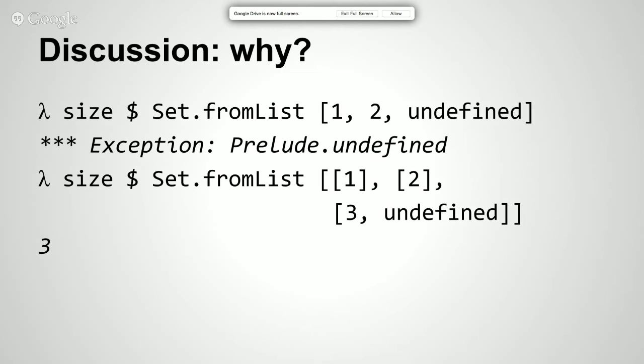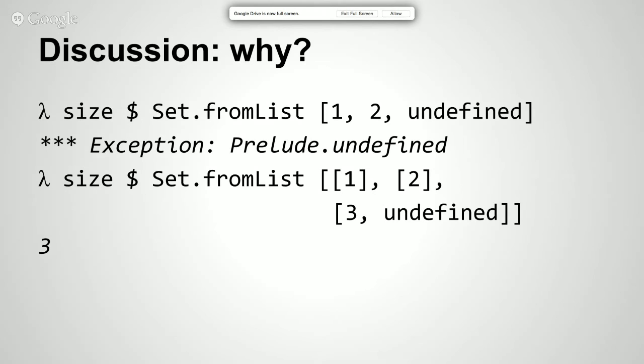In that case, all three of those are fine as lists, as long as you don't try to evaluate them deeply. When we build the first example, we build a set out of the list with 1 and 2 and an undefined in it. As soon as it tries to order that set, it's going to blow up, because it cannot order an undefined.